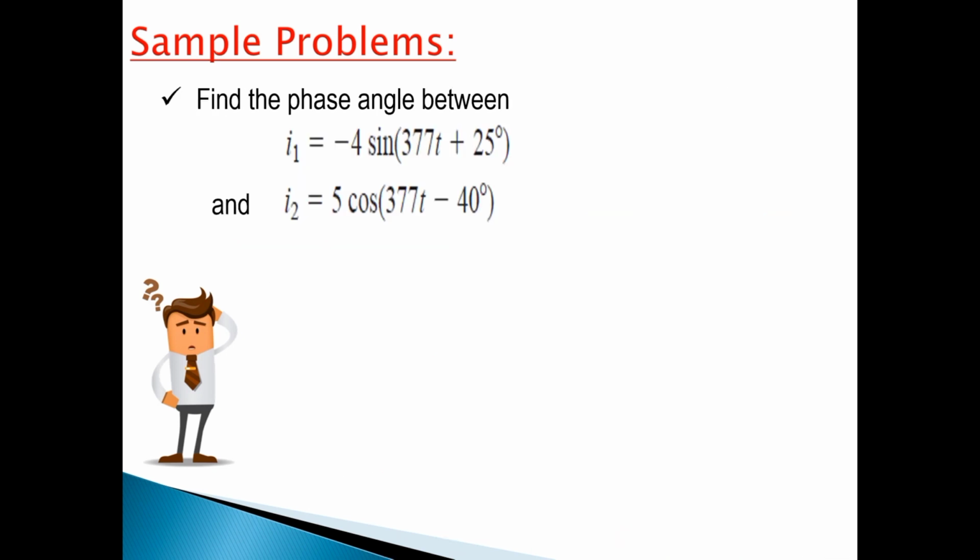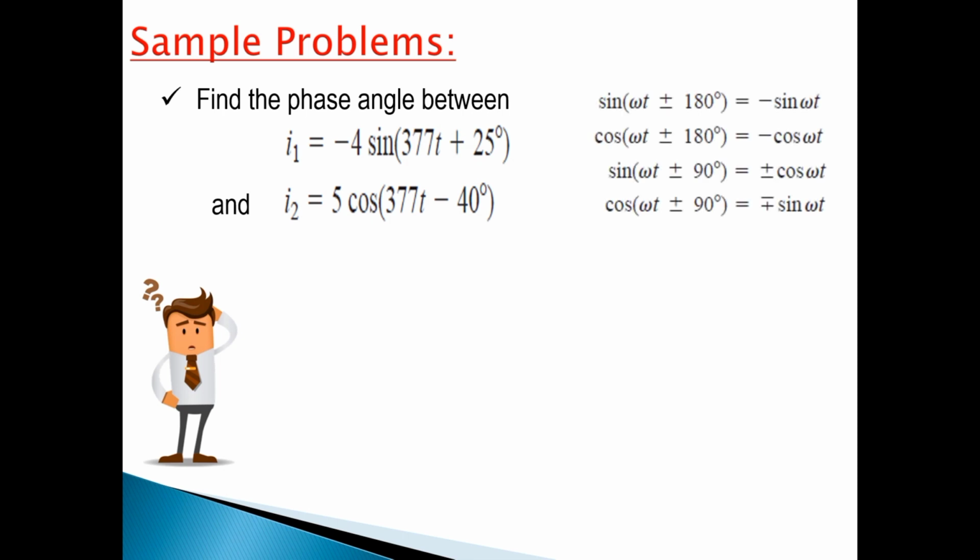Another example: find the phase angle between I1 equal to negative 4 sine of 377t plus 25 degrees and I2 equal to 5 cosine of 377t minus 40 degrees. So if both cosine, let's say both cosine.